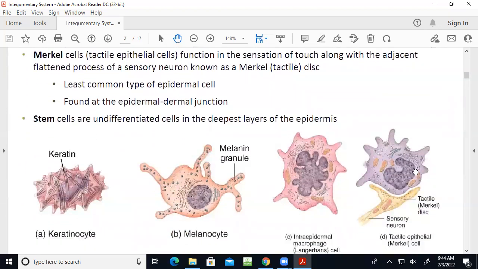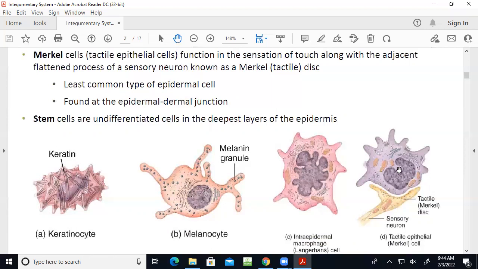Merkel cells, which go by another fancier term, tactile epithelial cells, are going to function in sensation of touch. Hence the name tactile. They're always associated with a flattened structure called a tactile disc, which is the beginning of a sensory neuron. That sensory neuron is going to transmit a nerve signal into the spinal cord and the brain.